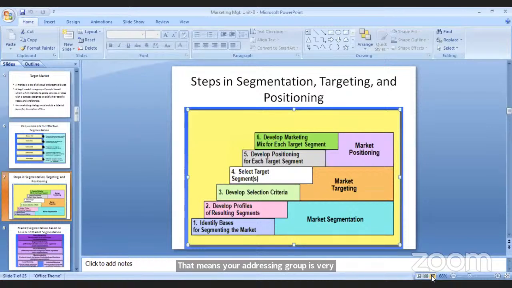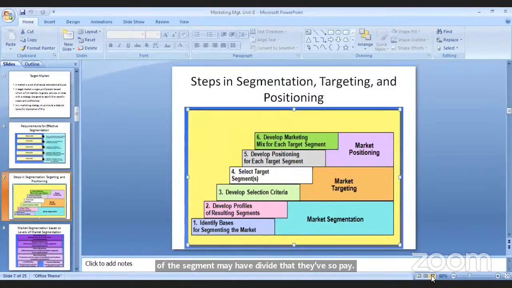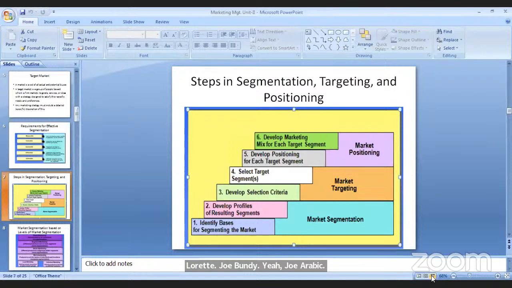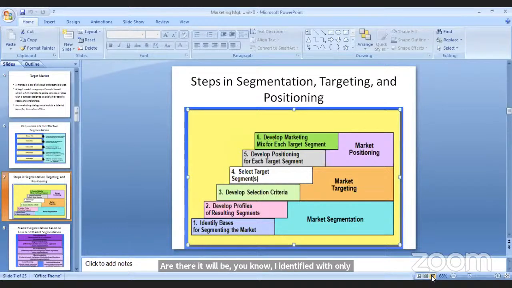Niche मतलब छोटे छोटे सेगमेंट में आप डिवाइड करते हो. आपका एक आयुर्वेदिक सोप है, सो आप डिवाइड करते हो, ये सोप है किसके लिए, एज ग्रुप ऑफ 15 से 25. फाइन. और जेंडर में फीमेल आता है. सो आपके लिए जो प्रोडक्ट का मार्केटिंग होता है, वो ग्रुप ऑफ कस्टमर्स और ग्रुप ऑफ टारगेट ऑडियंस वेरी स्मॉल. पहले तो जो बंदे ये आयुर्वेदिक सोप पे बिलीव करते हैं, फिर एक फीमेल ही बिलीव करेगा, फिर एज ग्रुप 15 to 25, फिर इट विल बी आइडेंटिफाइड विथ ओनली वन स्किन इश्यू. अगर आप इस ग्रुप में आते हो तो ही आप खरीदोगे. सो दिस इज कॉल्ड द प्रोडक्ट इज प्लान्ड फॉर अ वेरी स्मॉल ग्रुप.